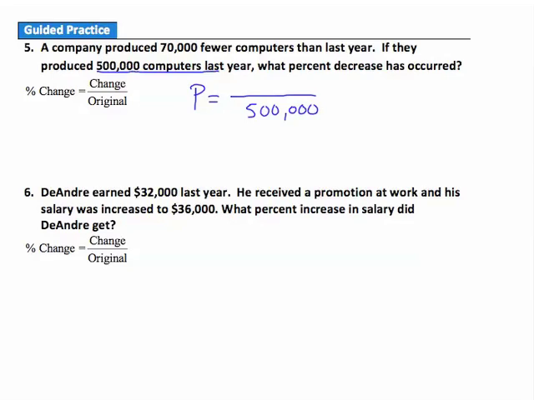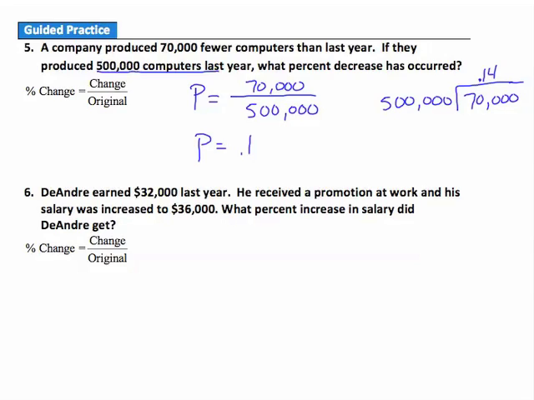Now the amount of change that took place, well, they produced 70,000 fewer. So 70,000 is going to go on the top. So to calculate this percent, we're going to do the division. 500,000 into 70,000. And when we do that division, we get 0.14.